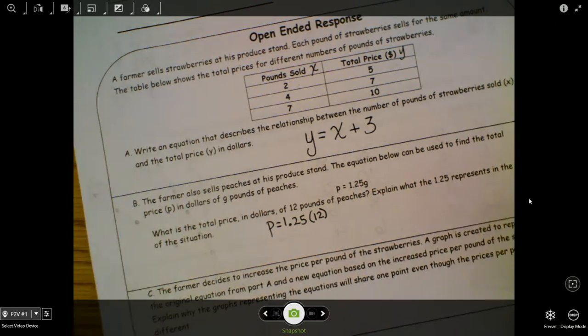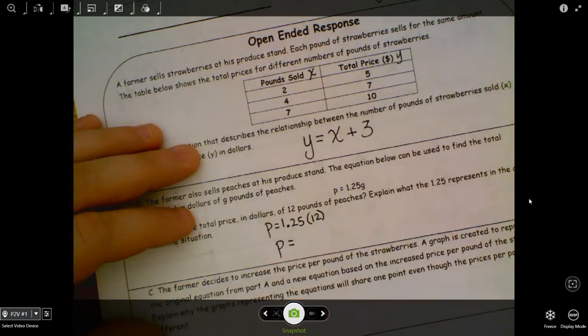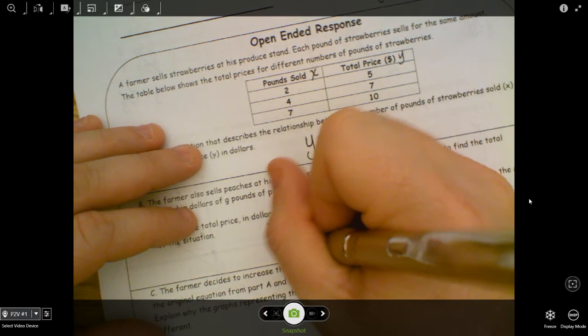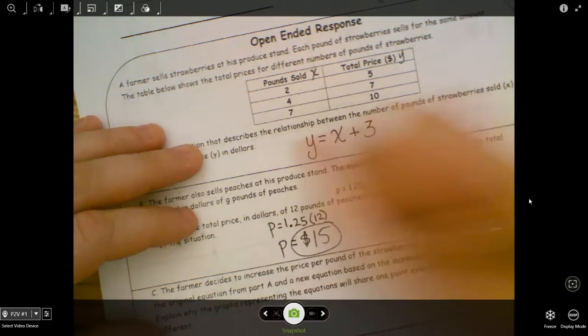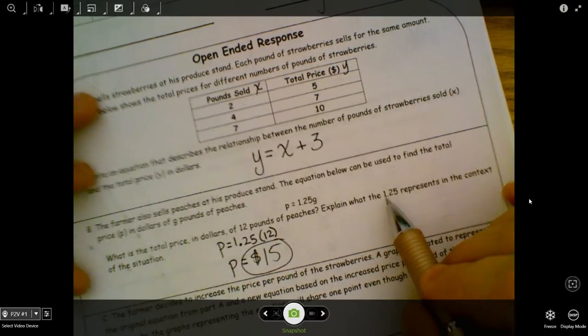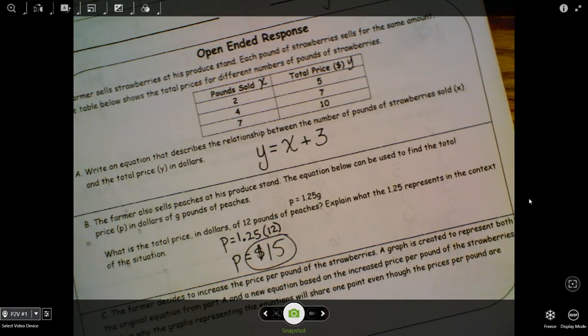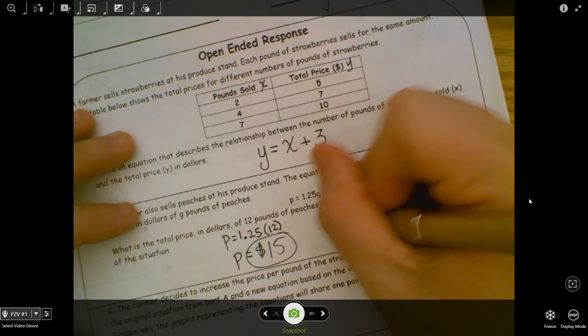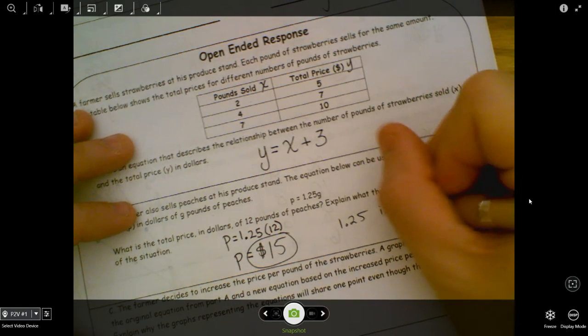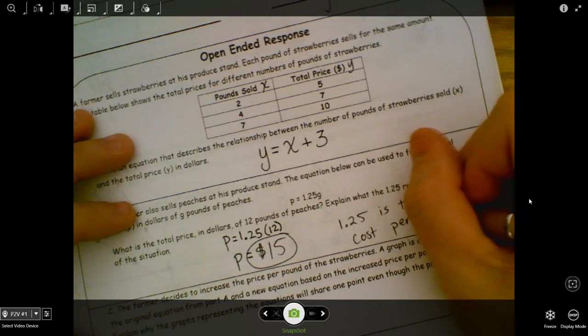So put your calculator, 1.25 times 12, and your price equals $15 for 12 pounds. Remember, it says, what does the 1.25 mean? What does that mean in this context? Well, that's the price. 1.25 is the cost per pound.